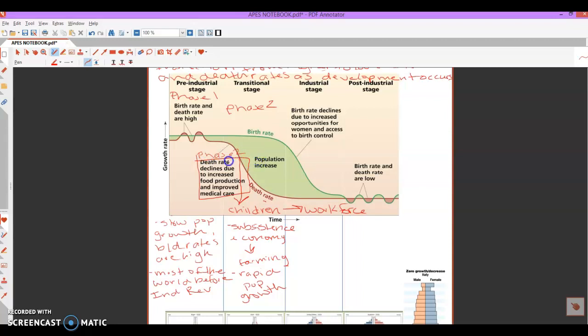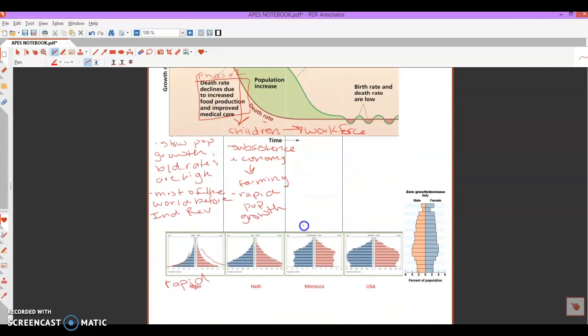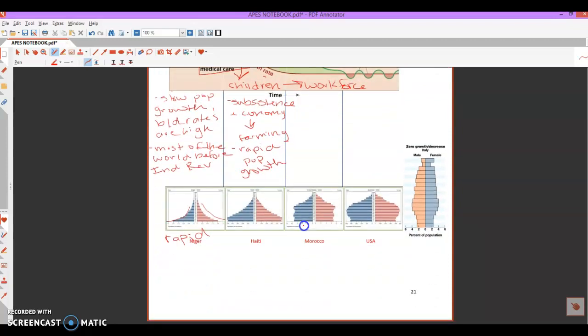Okay? This is explaining why we're having rapid population growth, as well as children being used as part of the workforce. Okay? An example, current day example of a country in this phase is Haiti.